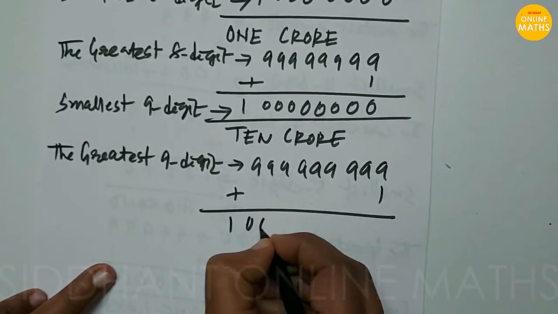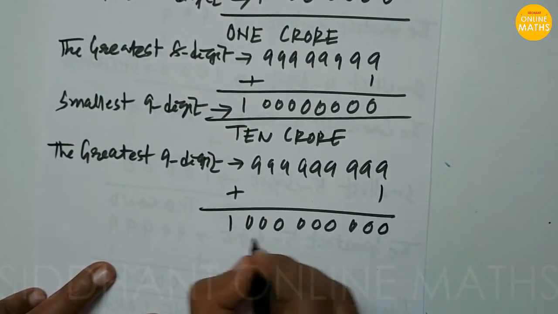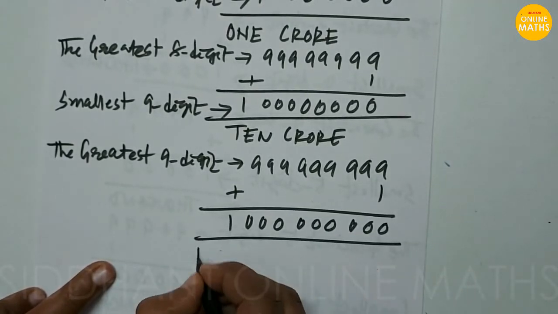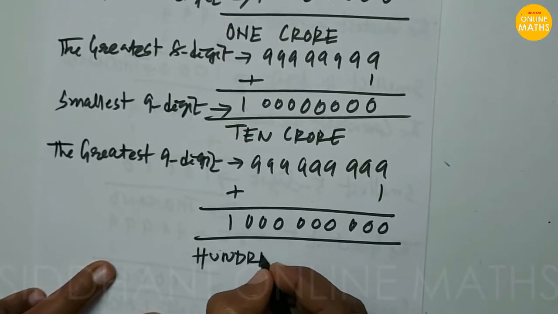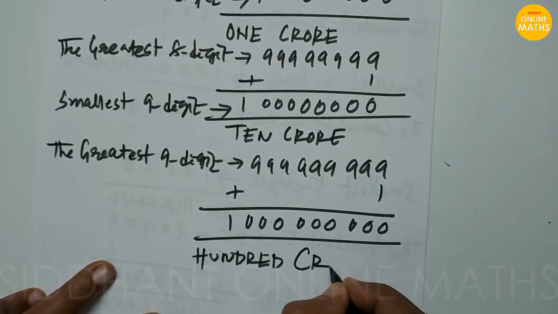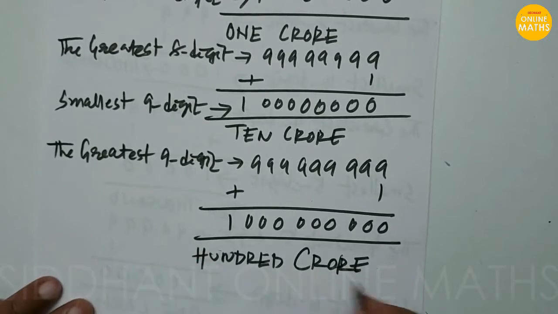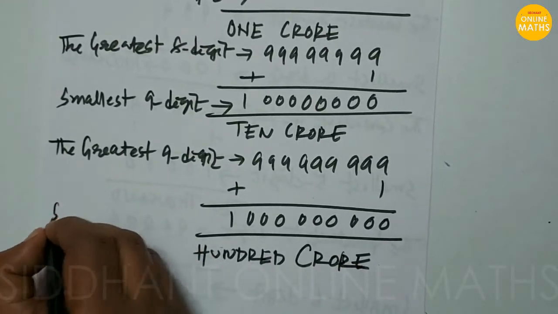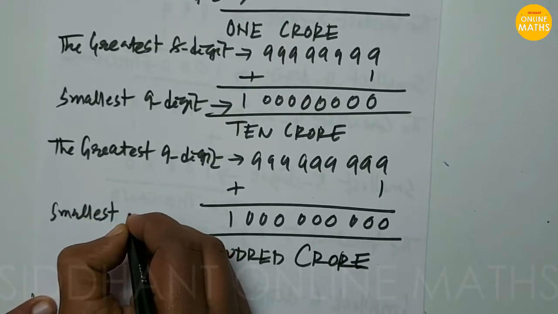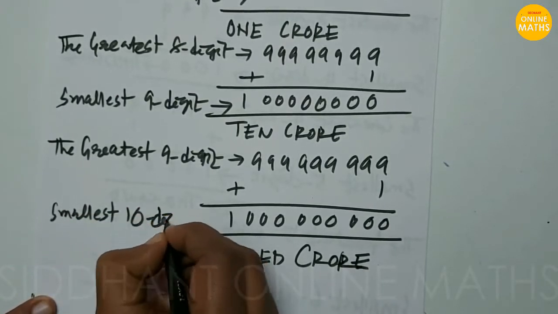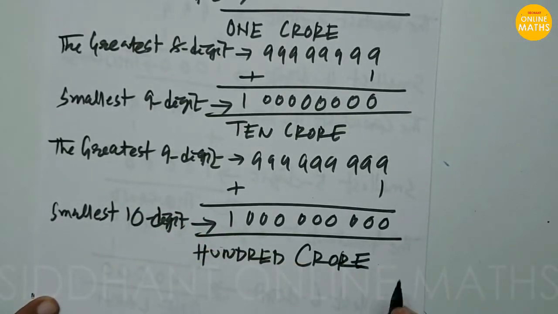You will get the number 1000000000, and this will be read as 100 crore. And now we know this is the smallest 10-digit number.